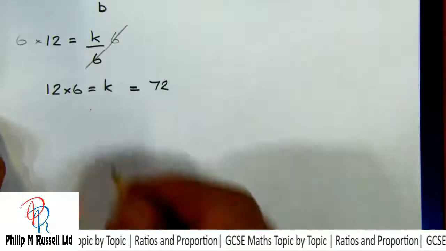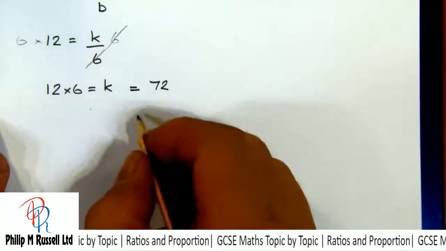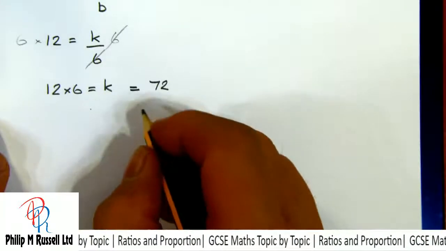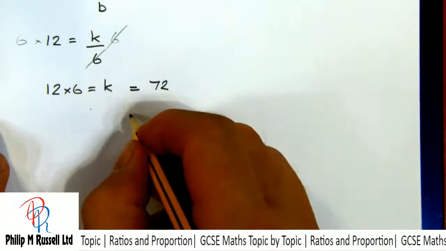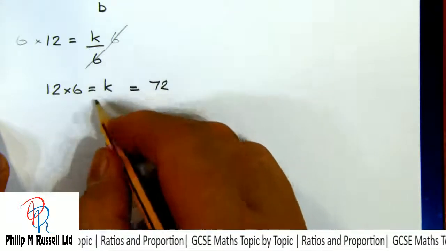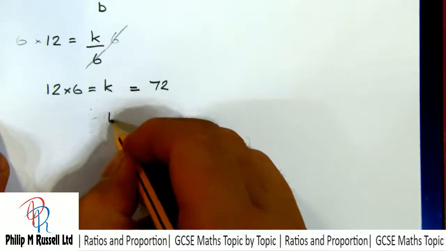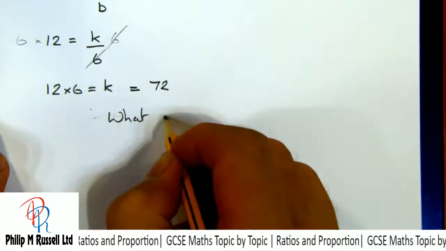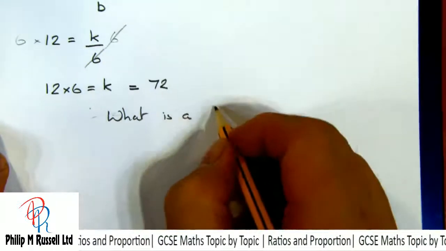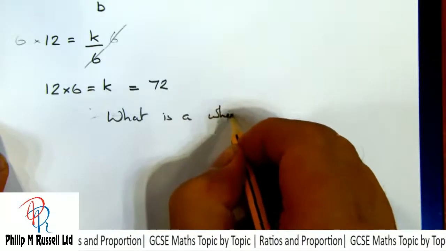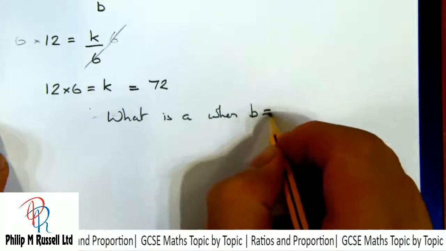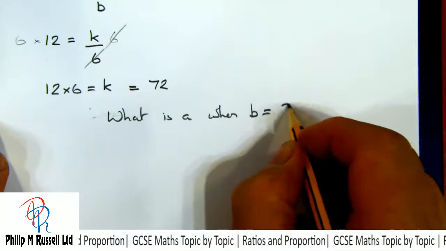Then we can work out another one. What is A when B equals 3?